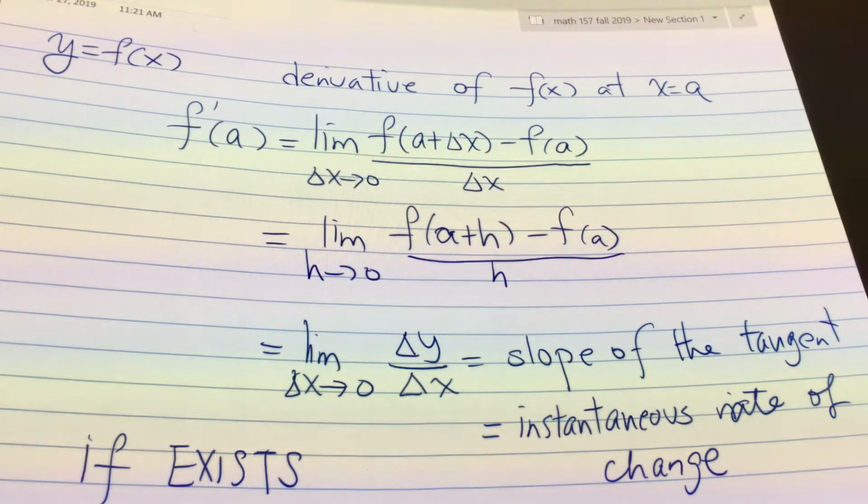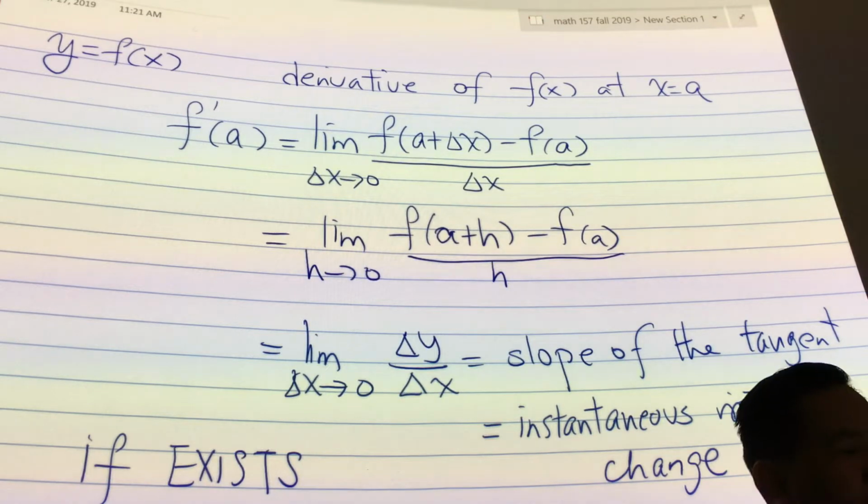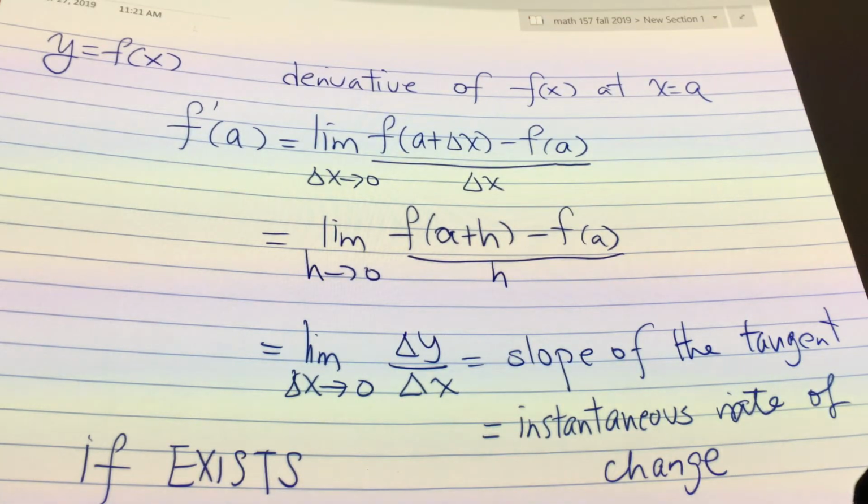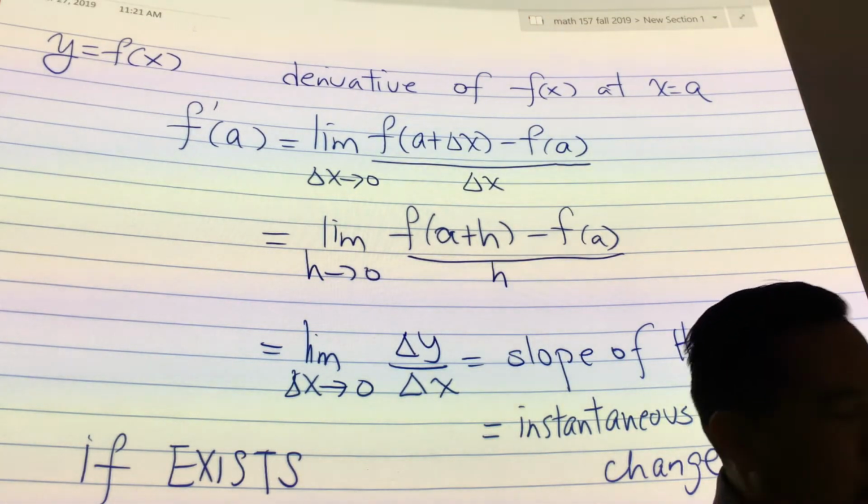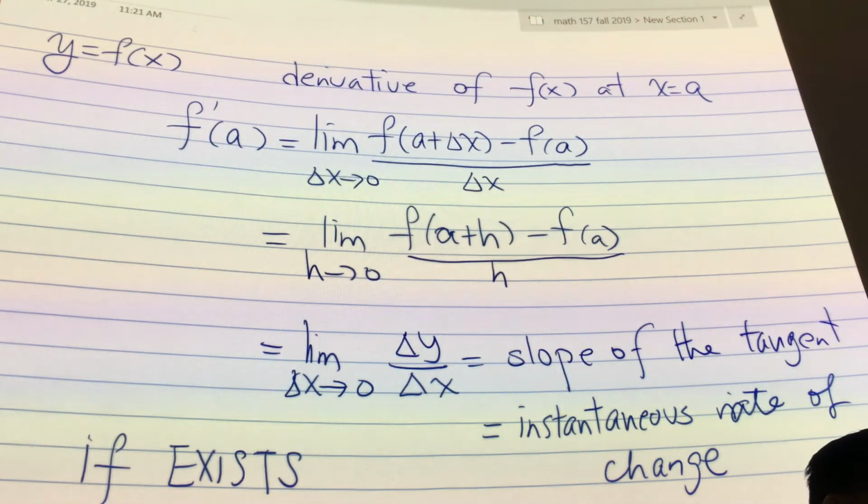So last time, we mainly told you the definition of derivatives. It's a fairly basic object.